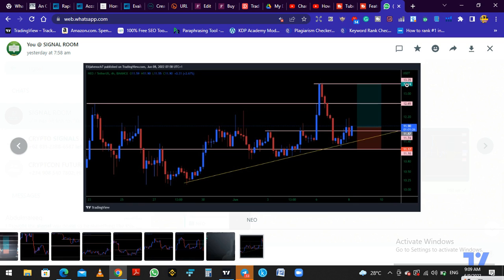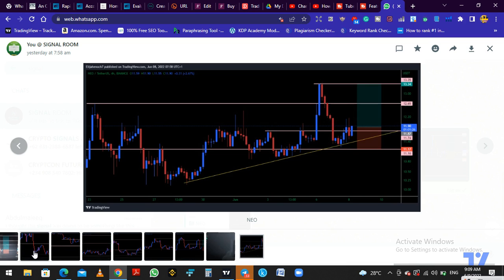So it's very easy and very simple. Once you see this, it means buy at the price that this middle line is, at the current market price. This will be your stop loss, this will be your first TP, and this will be your last TP, which is your take profit.